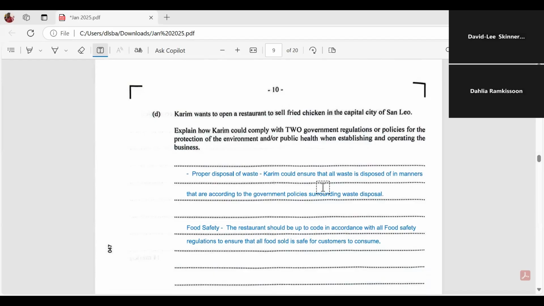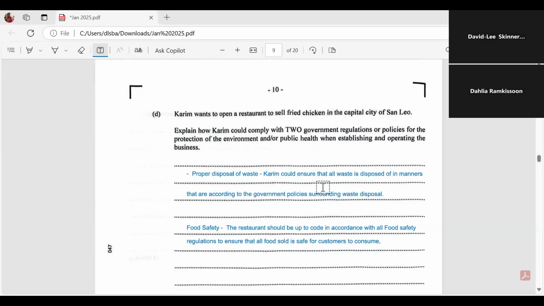Right? So for sure, you opening a restaurant, you have to make sure that he's meeting all the health codes set by the government to make sure his kitchen is clean, the food that he's serving is safe, right?